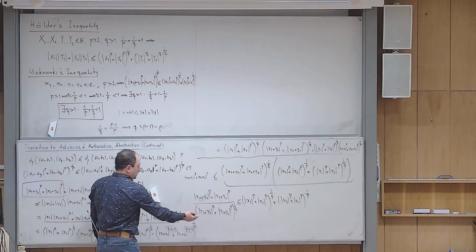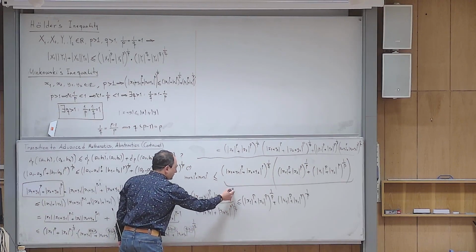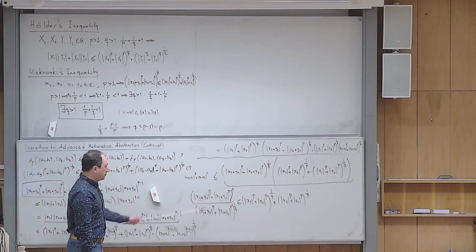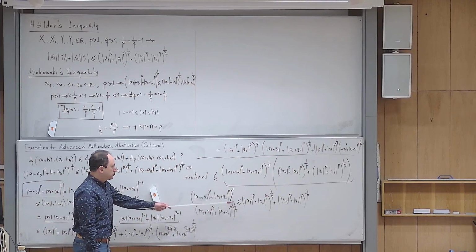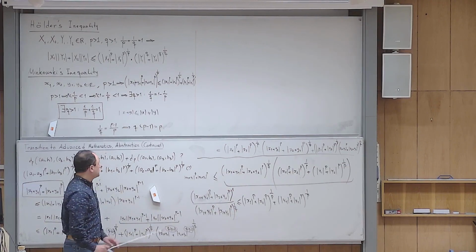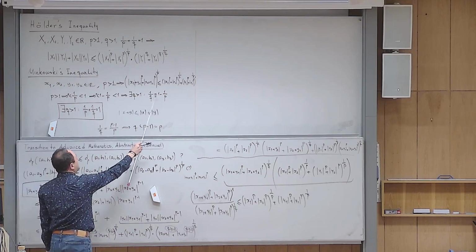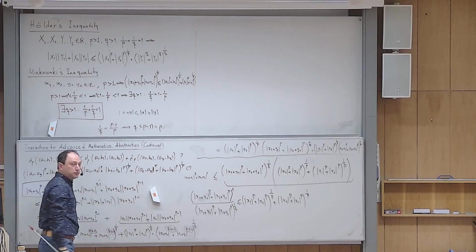But this expression and that expression are the same, so in principle I can write it to the power of 1. And then I have two exponents divided, so this becomes 1 minus 1 over q. But 1 minus 1 over q is just 1 over p.